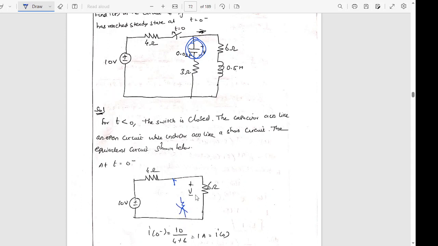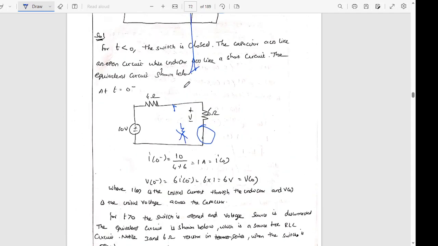That is why we didn't draw the 3 ohm resistor here. And then this 0.5 henry is replaced with a short circuit, since at steady state the inductor acts as a short circuit.